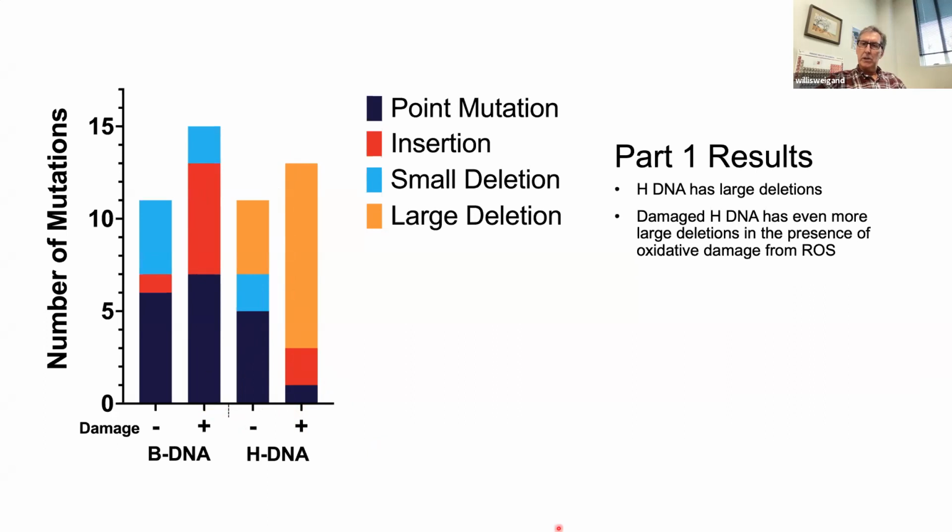How common is HDNA? If I looked at a cell and I looked at all the DNA in there, how many HDNAs would I find? So we know that they are, as a whole, I'm not too sure, but we know that the hotspots for the HDNA forming sequences are near promoter regions.